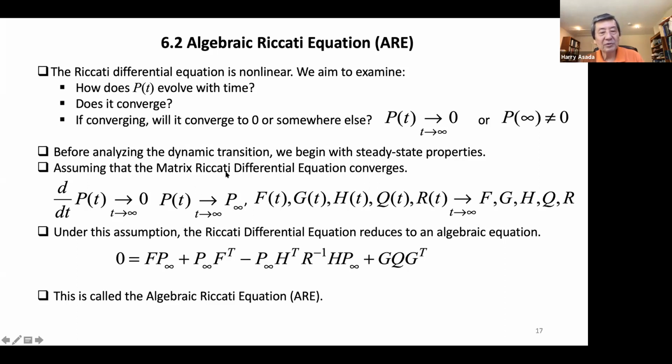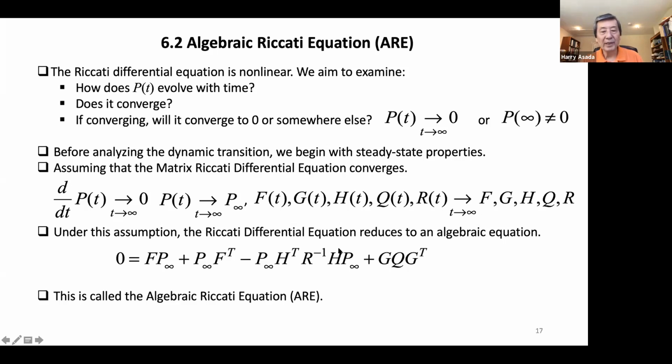First, we assume that the matrix Riccati differential equation converges to some point. Let me denote it P sub infinity, the steady state value. At the steady state, the time derivative of P(t) winds down to 0, and the parameter matrices go to some constants.